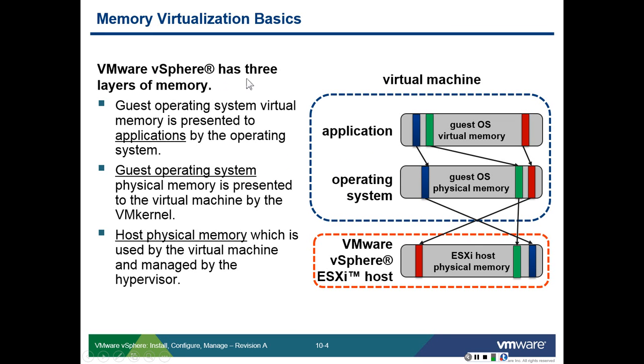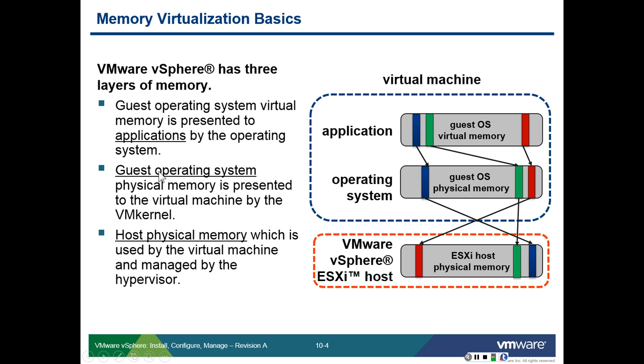VMware vSphere has 3 layers of memory. There is the RAM, which is in the ESXi host, and that is called host physical memory. The host physical memory is managed by the hypervisor, and it allocates memory to virtual machines.